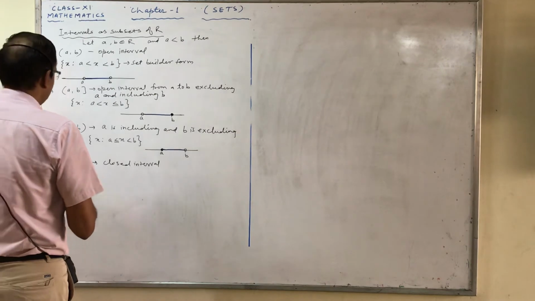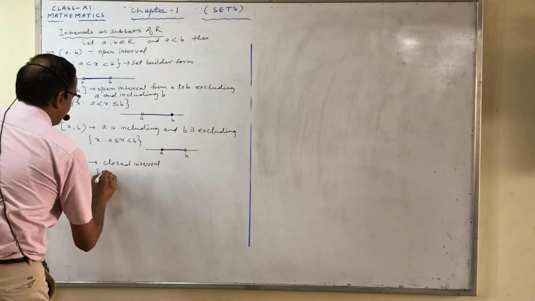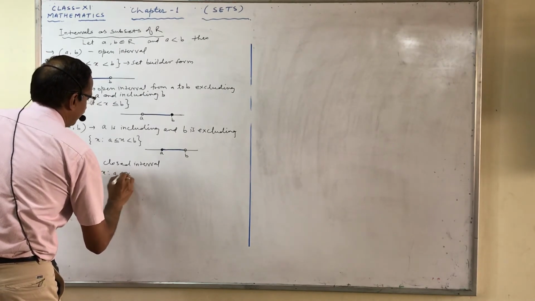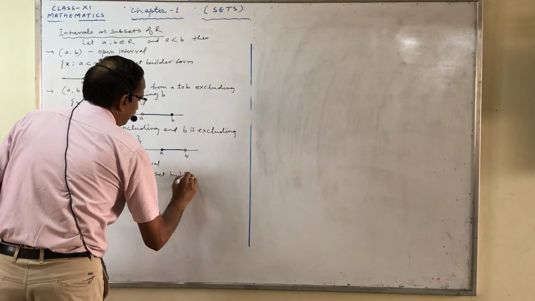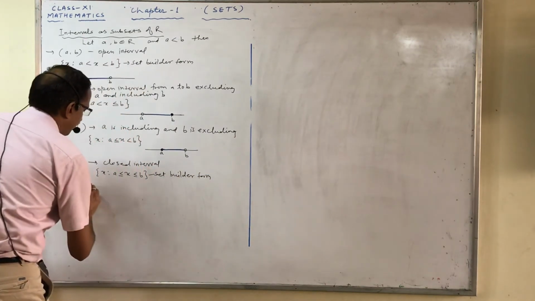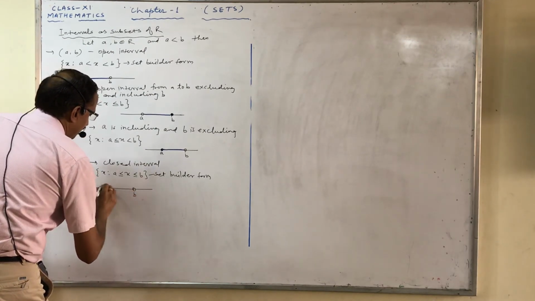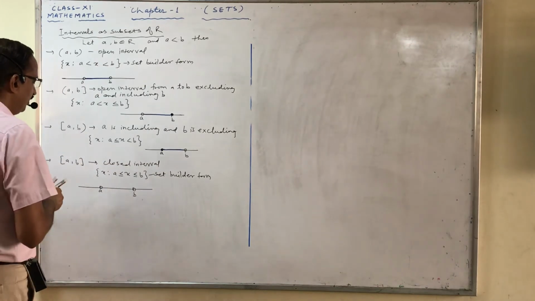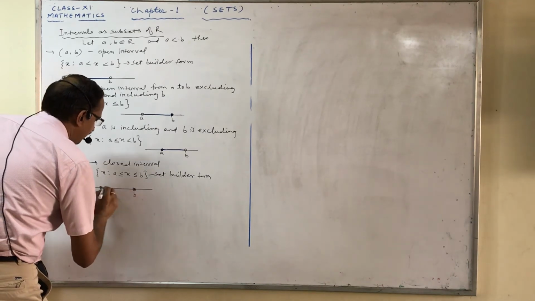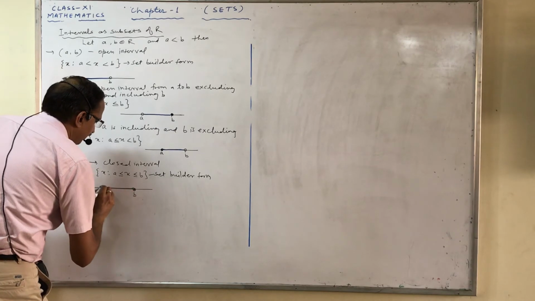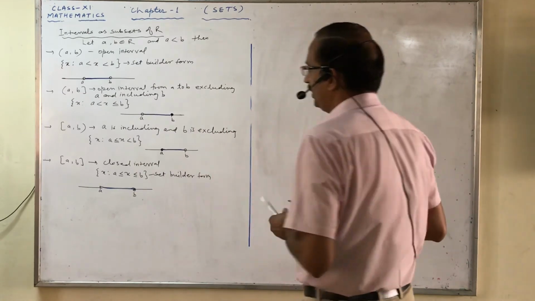So in set builder form, we can write this as x such that x is greater than equal to A and less than equal to B. On number line, we can represent this as, this is A, this is B. Now both A and B are included, so we will fill both the circles and the points in between A and B. So this represents the closed interval AB.